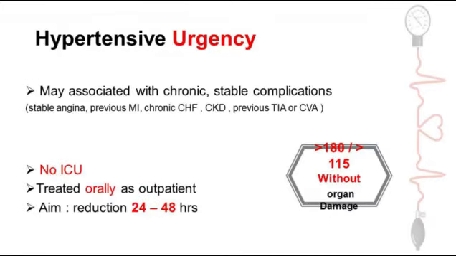So a quick look about the hypertensive urgency, which is defined as high blood pressure of more than 180 over 115 without organ damage, usually associated with the chronic stable complications like stable angina, previous MIs, previous TIA. It doesn't require ICU admission, can be treated orally. We aim to reduce the blood pressure within 2 days.